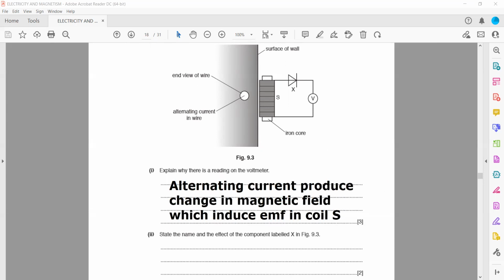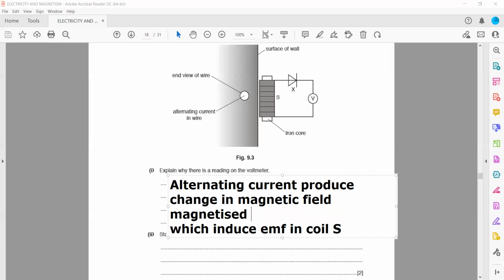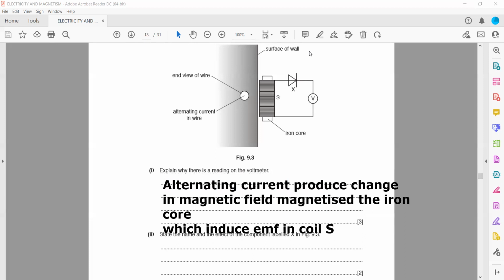This is the same as the working of a transformer. The change in magnetic field induces an EMF in the second coil S.